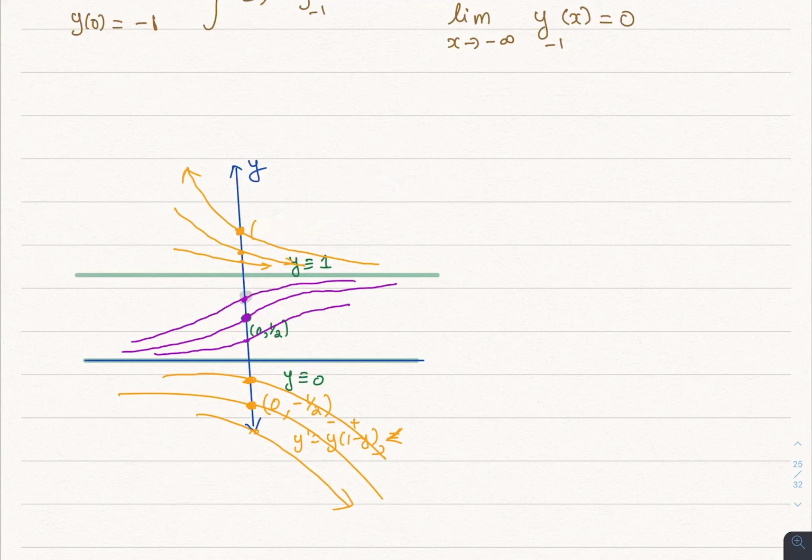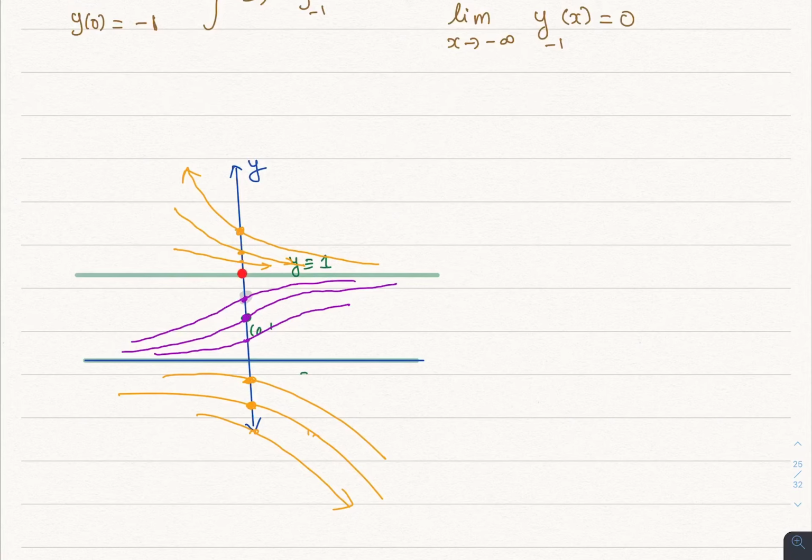If you take a look at this equilibrium point or equilibrium solution, any solution that is starting nearby is kind of attracted.